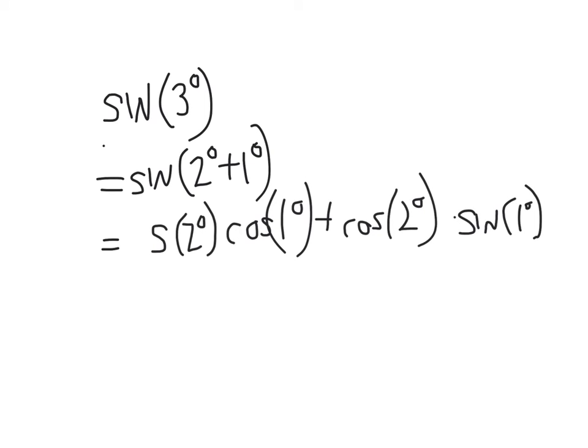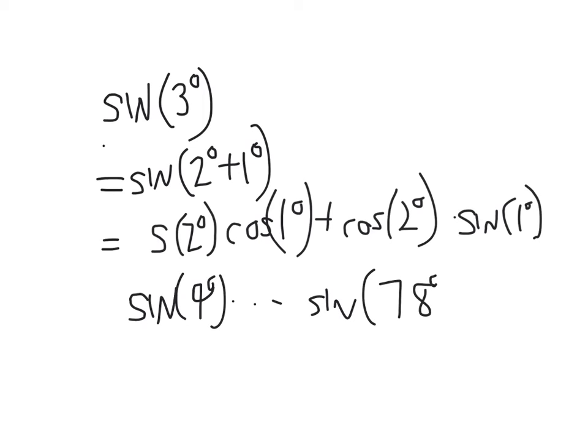So we know the sine of 3 degrees because we know the sine and cosine of 1 degree and therefore 2 degrees. And in that way, you can keep on plugging along and you can get the sine of 4 degrees and etc. The sine of 78 degrees if you had patience.